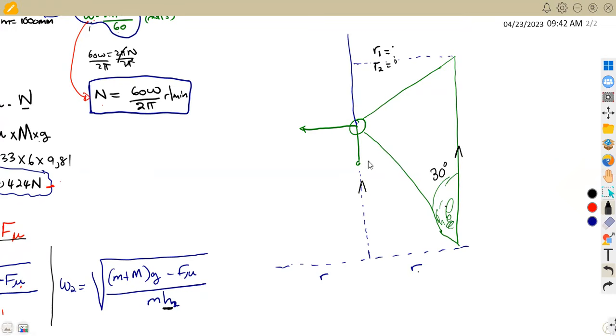So this angle and this angle will be equal from your alternate angles or Z angles. You are creating a Z in this case. So these two angles are equal. And this, we are at 90 degrees. We are given the length of the arm, that is 0.33. So we are given this length of the arm, which is 0.33 meters, with the angle of 30 degrees.